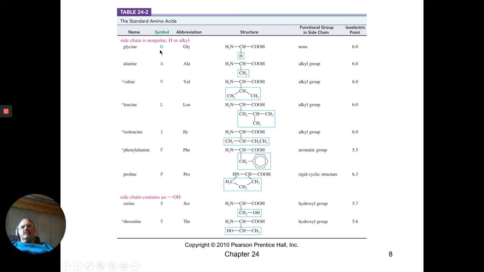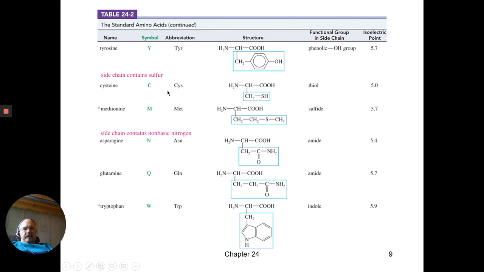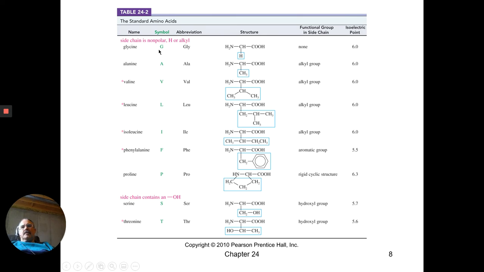There's two types of abbreviations: the one-letter and the three-letter abbreviations. The one-letter abbreviations are becoming more common. Okay, and the side chains are identified here. This is the only amino acid that has a secondary amine. It's proline. It's got a rigid cyclic structure.